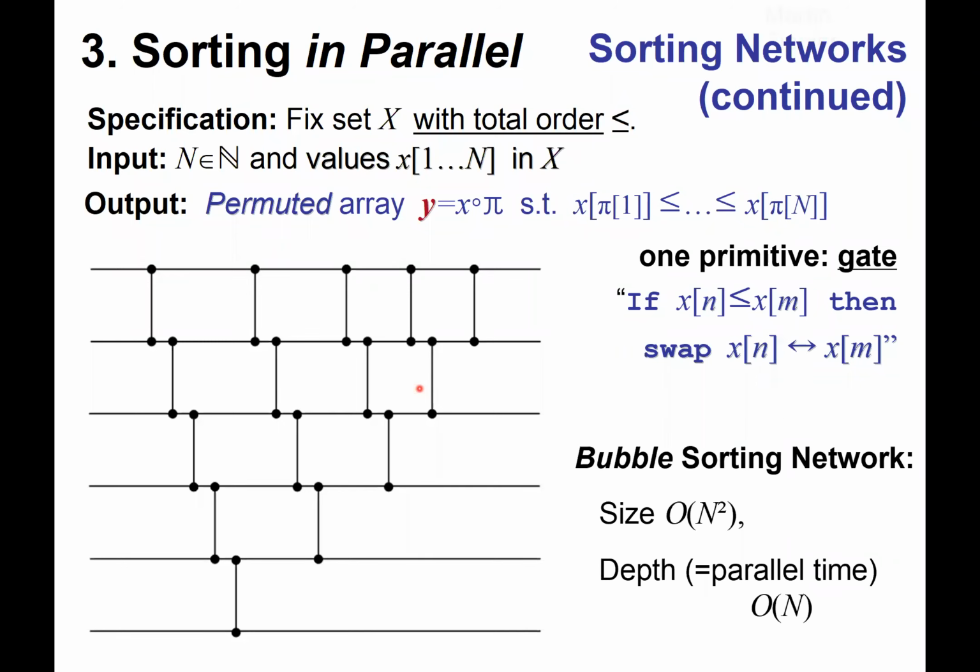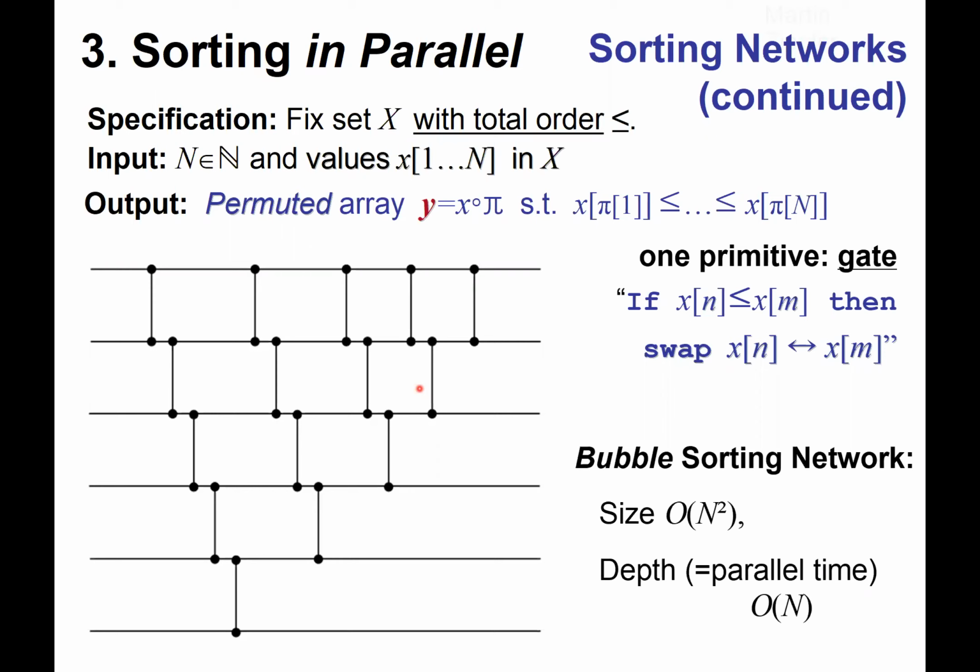But of course, the overall so-called work done, the size, is still quadratic, so it's worse than, for example, merge sort or quick sort. And this raises the question of optimality, right? Remember our virtues, optimality. What is an optimal parallel sorting algorithm? What is an optimal parallel sorting network?